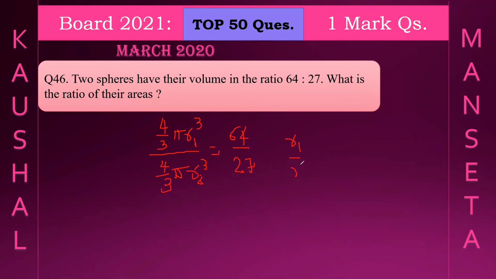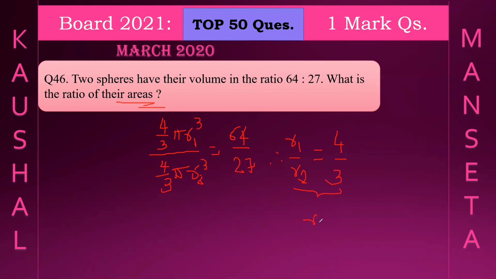So what is the value of r1 by r2? Sorry, r1 by r2 gives 4 cube by 3 cube, 27. We are going to find area, and area is in the form of square.